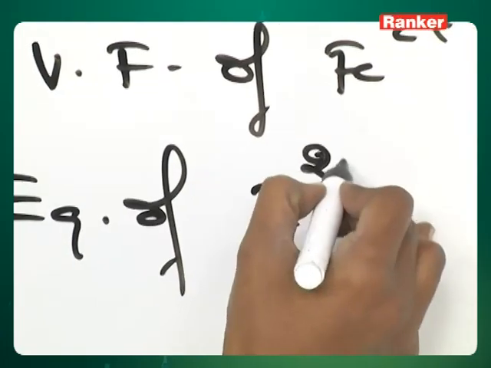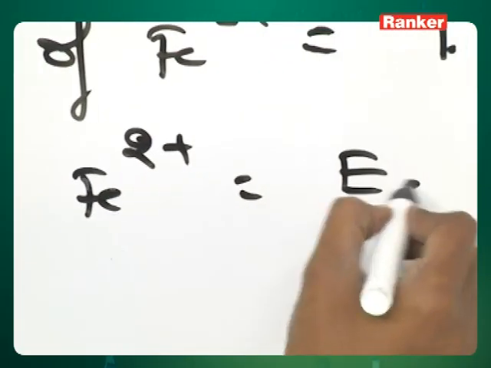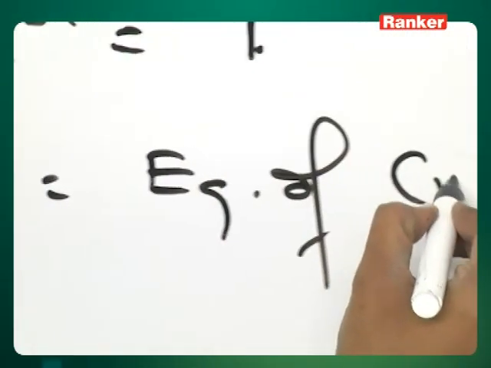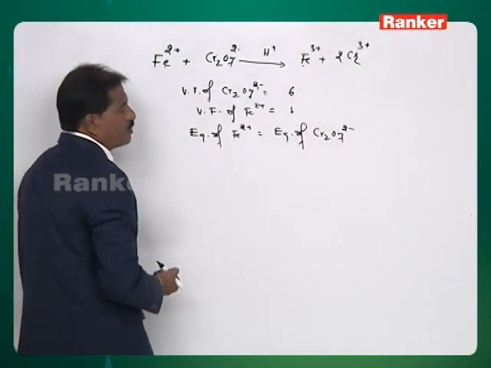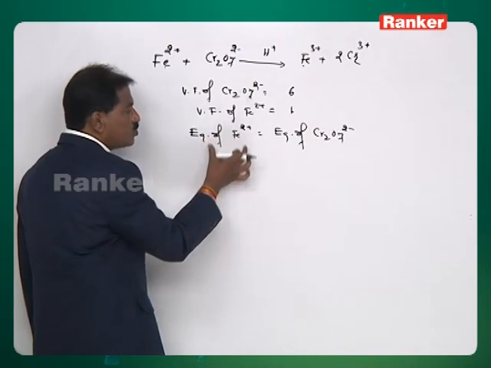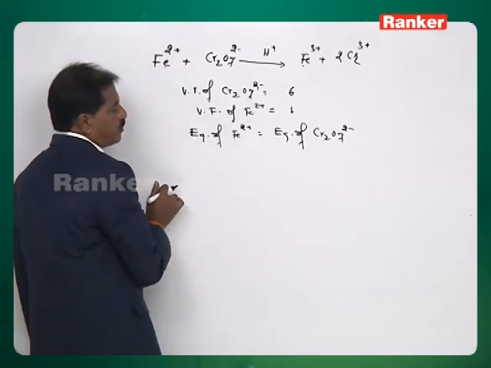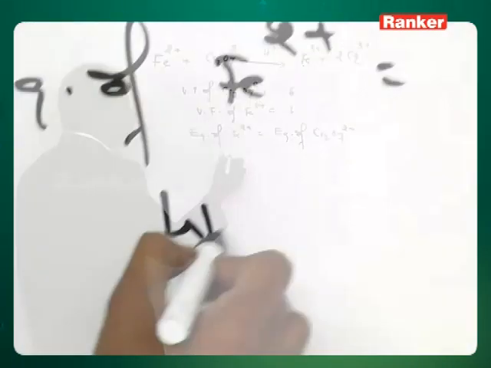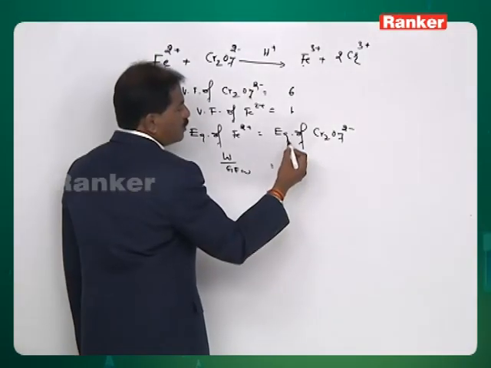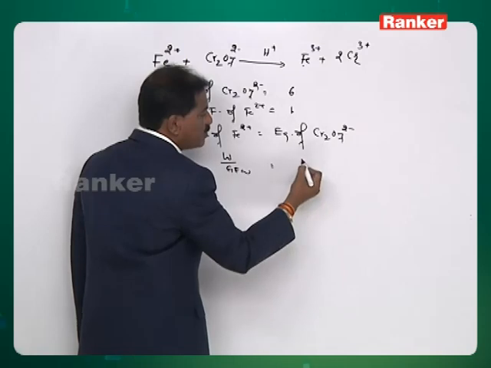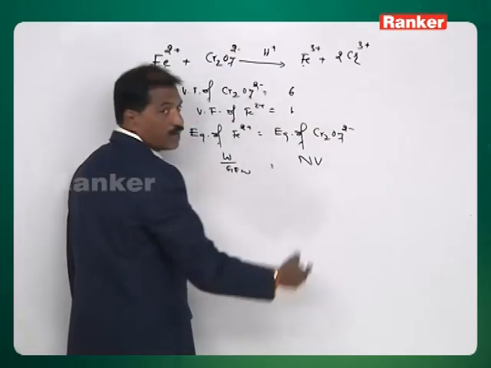Equivalence of Fe2+ is equal to equivalence of Cr2O7 2 minus. In place of this equivalence, any suitable formula can be used, like weight by gram equivalent weight. On this side, if you know the dichromate is in solution state, we can use this formula like that.